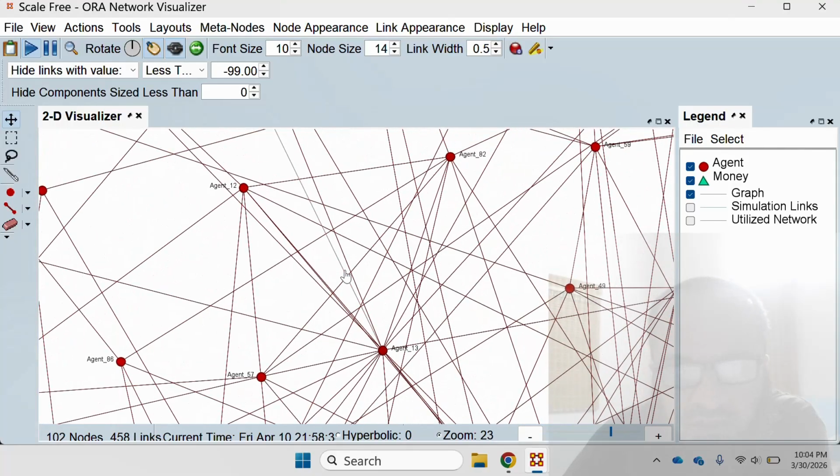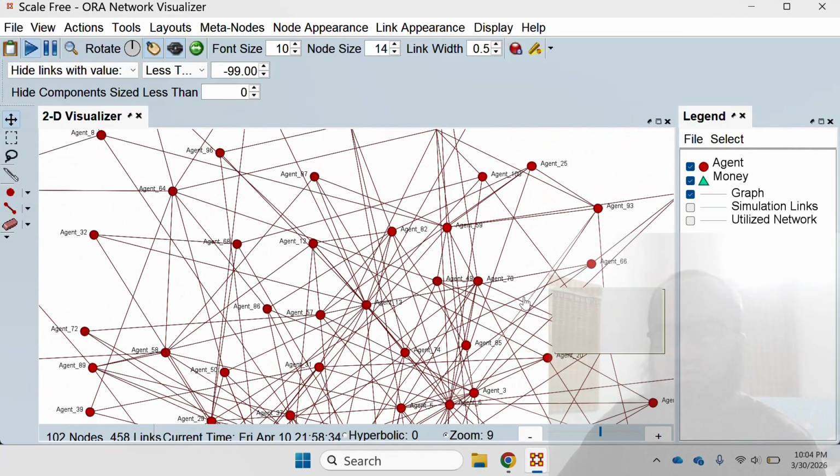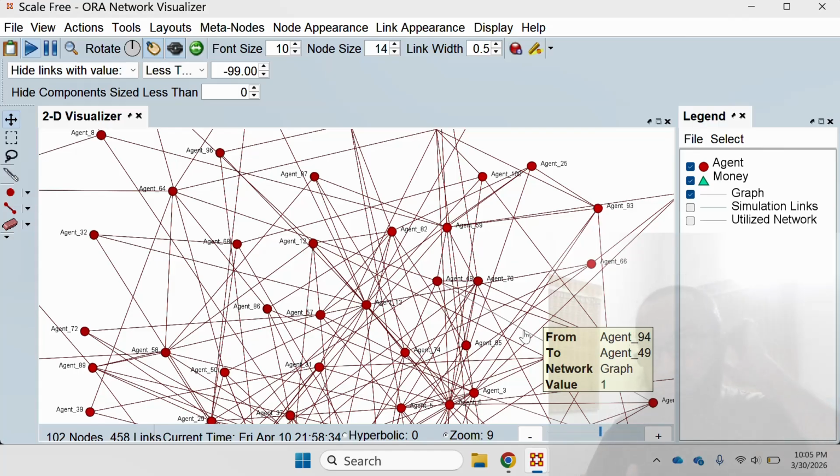Anyway, if we can spot agent number 6, we can see that the money could have gone to other agents as well, because agent number 6 is not only connected to agent number 34. So next time we run the simulation, we can have different results, right?